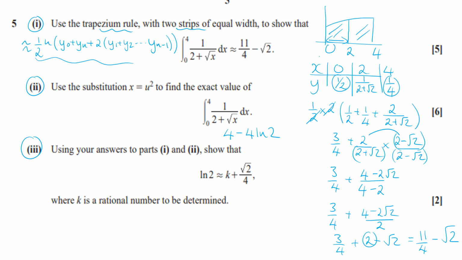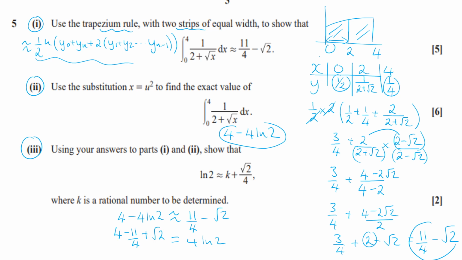So because we've got this answer here as an approximation to the actual answer, we can say that 4 minus 4 ln 2 is approximately equal to 11 over 4 minus root 2, and then just rearrange to get ln 2 as the subject, so that's going to be 4 minus 11 over 4 plus root 2 is approximately equal to 4 ln 2.